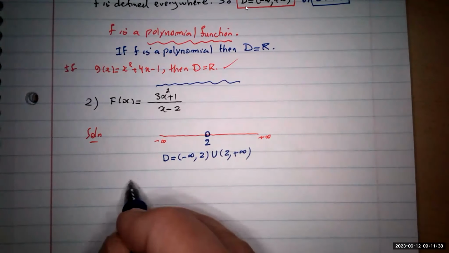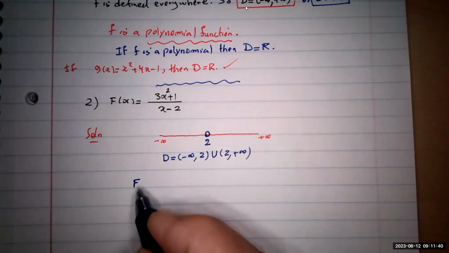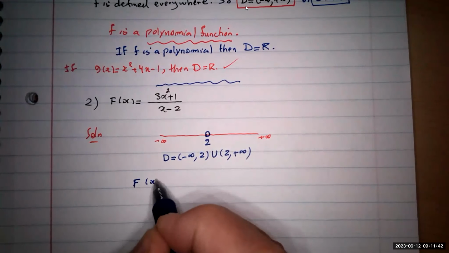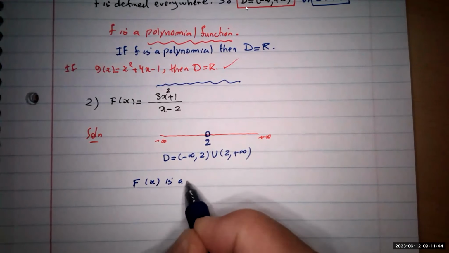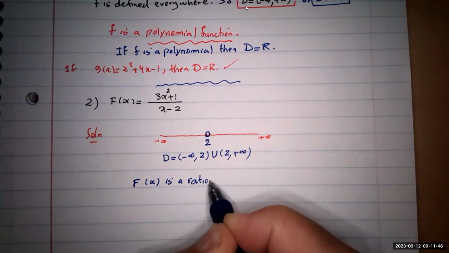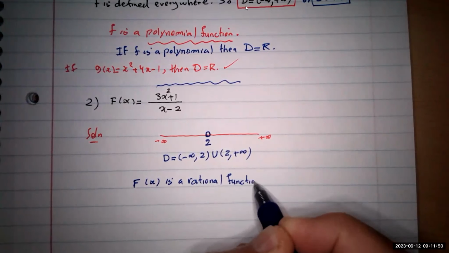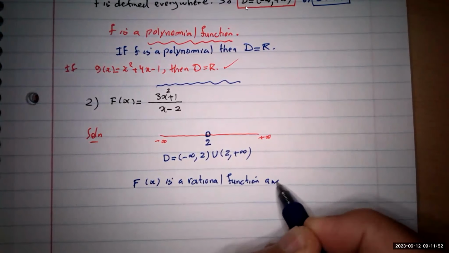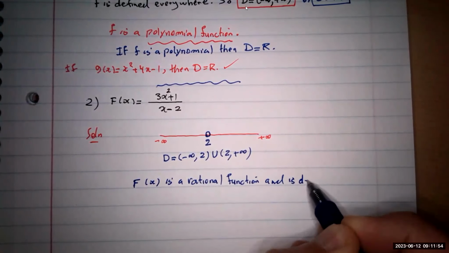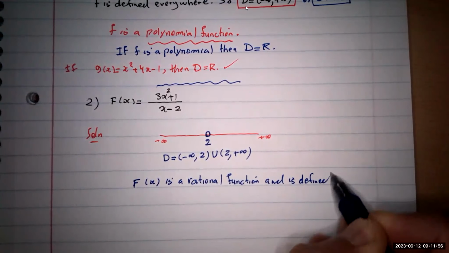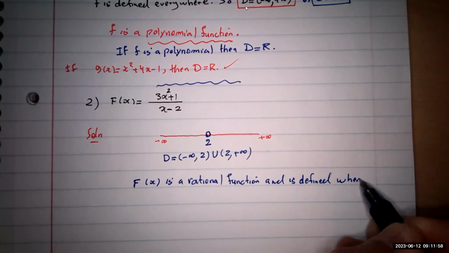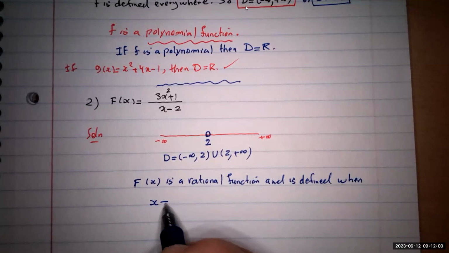This is the way we do it, but I'll just explain it. Explain that f of x is a rational function. That's the name, rational function. And it is defined when x is not equal to 2.